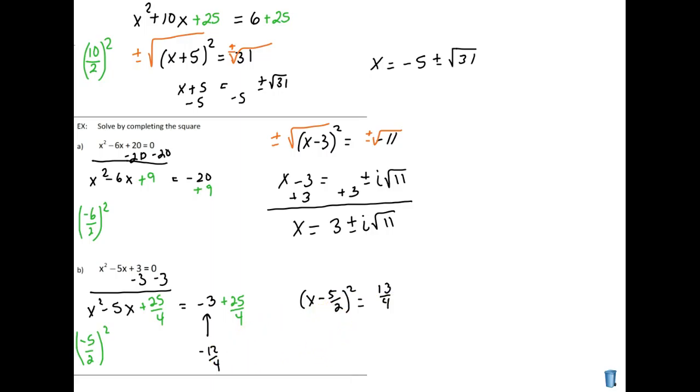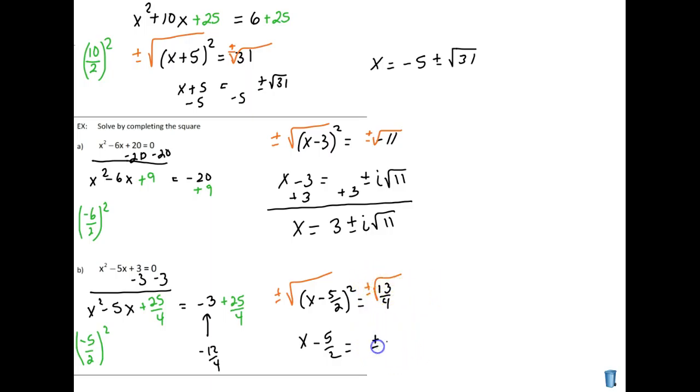Now I can take my plus or minus square root of both sides. And what I get is x minus 5 halves equals plus or minus square root of 13 over 4, which is the square root of 13 over the square root of 4.